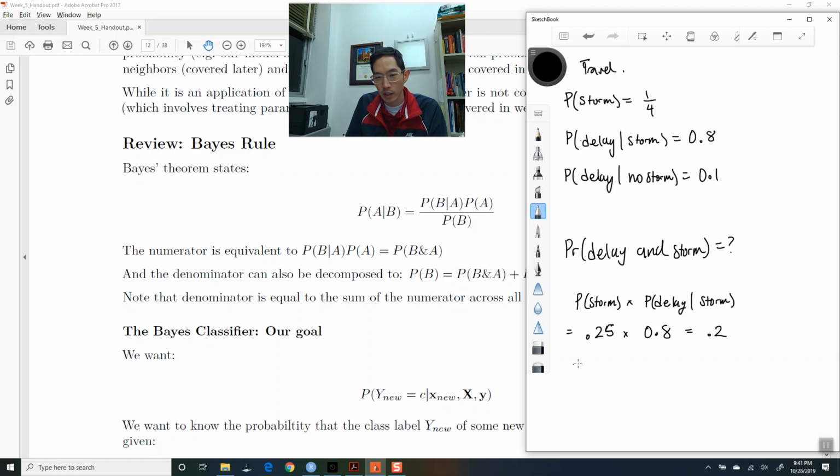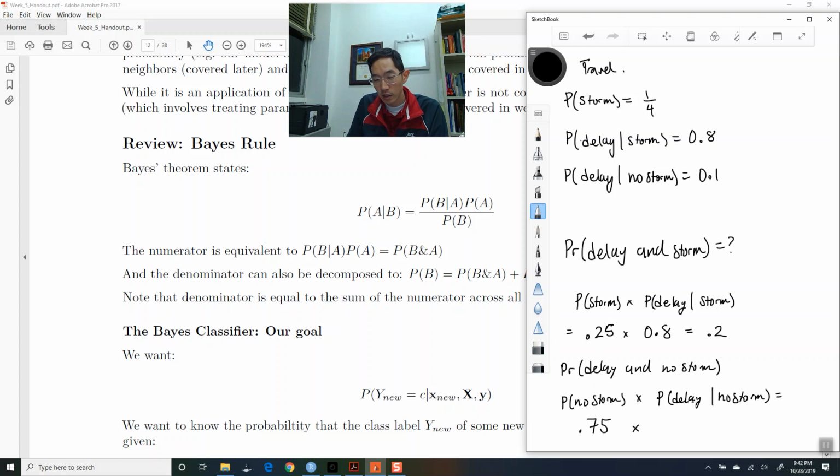Now we can ask, what's the probability of a delay and no storm? First there has to be no storm, but then still we have to experience a delay given no storm. The probability of a storm is 0.25, so the probability of no storm is 1 minus that, or 0.75.